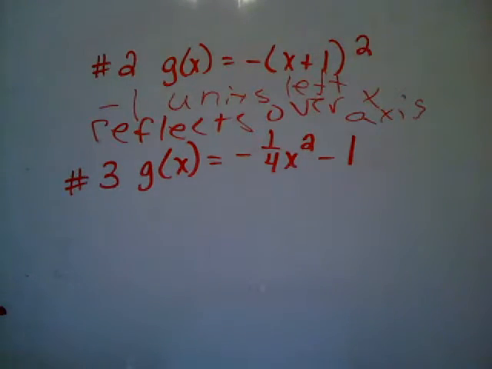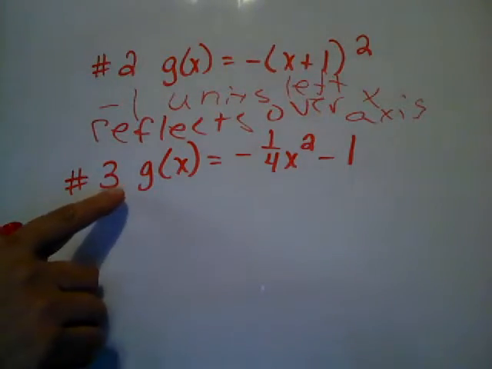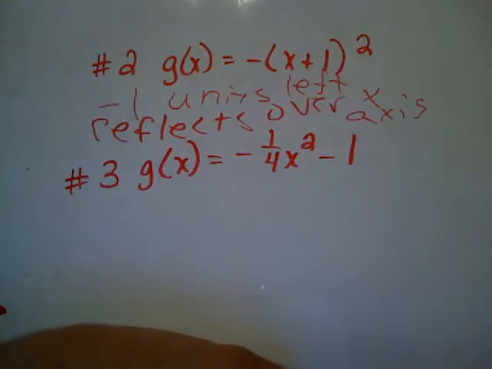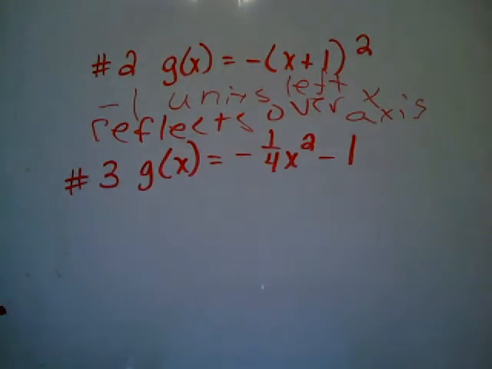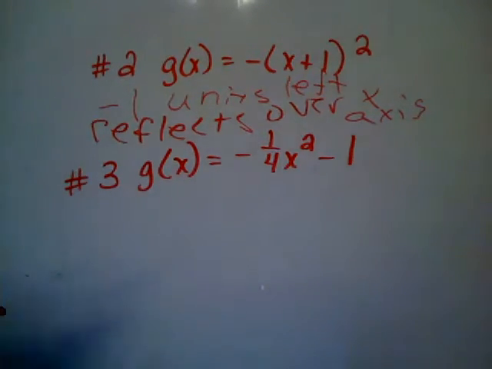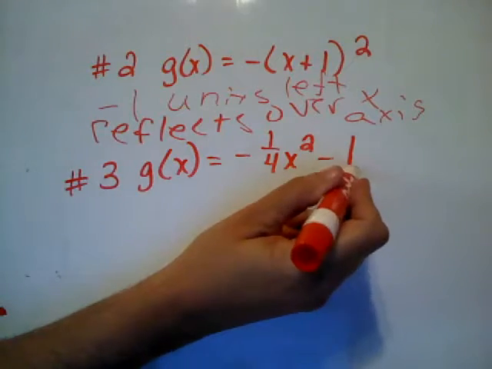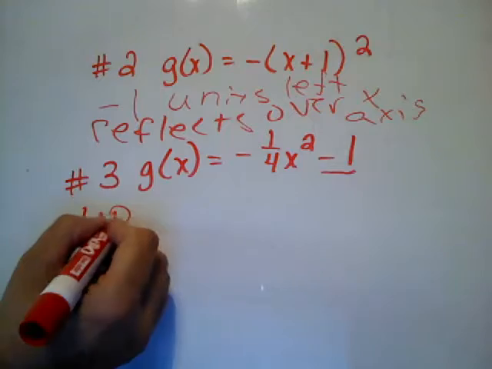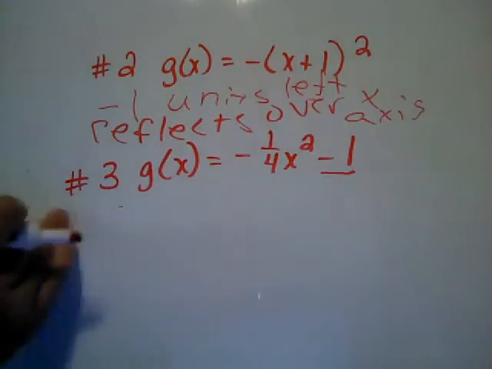Okay? Now on this one it says g of x equals negative 1/4 x squared minus 1. Now we're actually going to have all 3 of our transformations occurring. So first let's look at this one. This is our c, and remember that's going to move it up. I'm sorry, not up, it's negative.